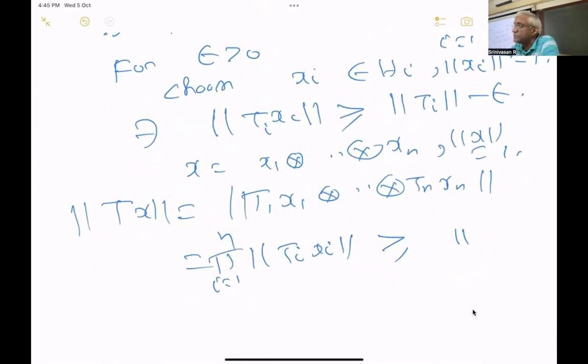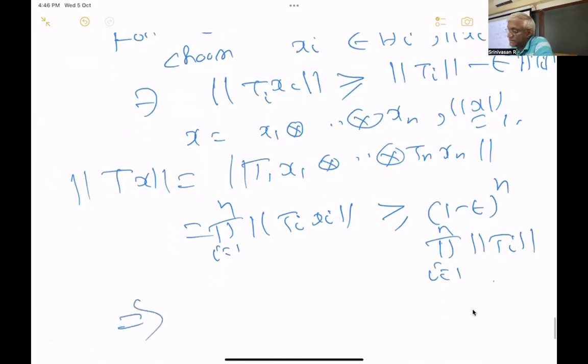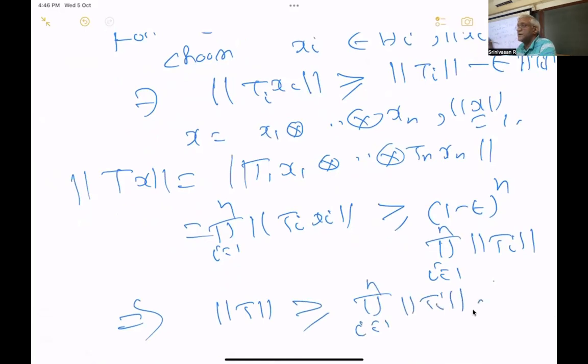I can use epsilon in whichever way; epsilon times some number is also epsilon. So this is greater than or equal to 1 minus epsilon to the power n times the product of norm T_i. Take epsilon going to 0. This is true for all epsilon, so this implies norm T is greater than or equal to the product of norm T_i. We have already proved the other inequality, so they are equal.